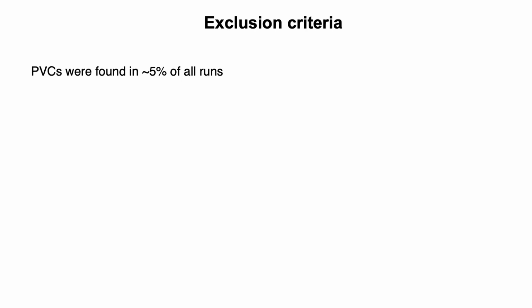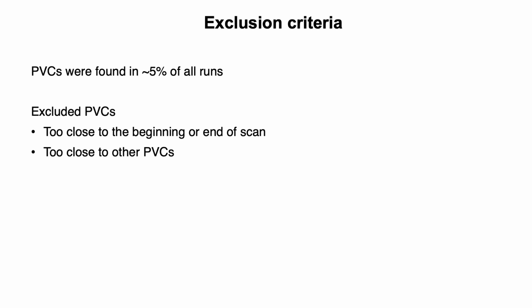We identified at least one PVC in about 5% of all HCP resting state fMRI runs that had pulse oximetry data of sufficient quality. In order to better characterize their BOLD signal correlates, we passed all PVCs through a series of stringent exclusion criteria. PVCs that appeared too close to each other or to the start or end of scans were excluded.